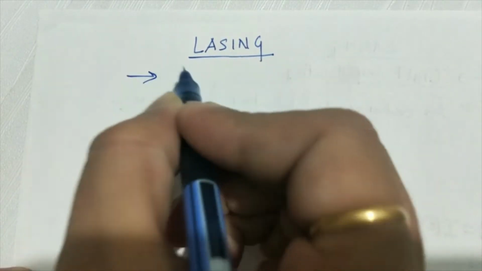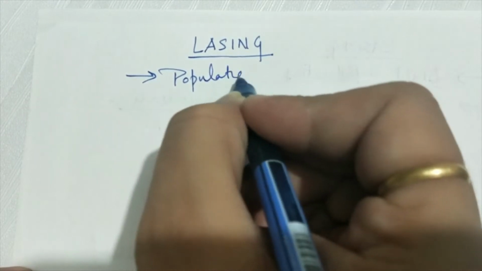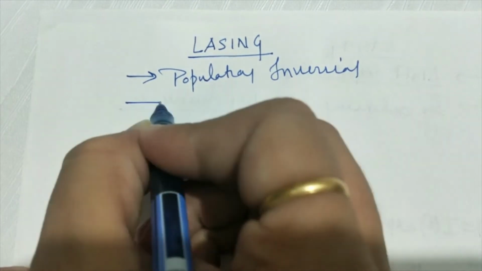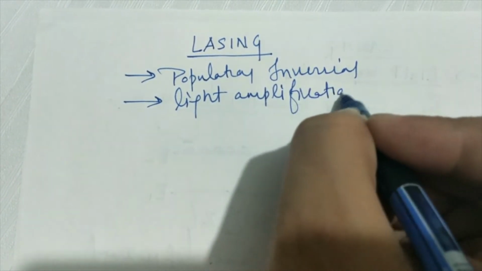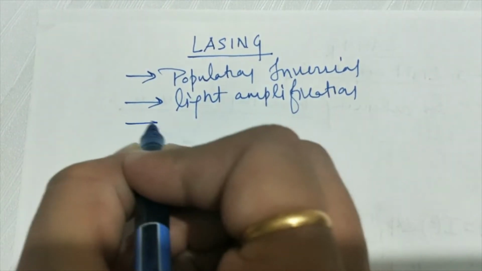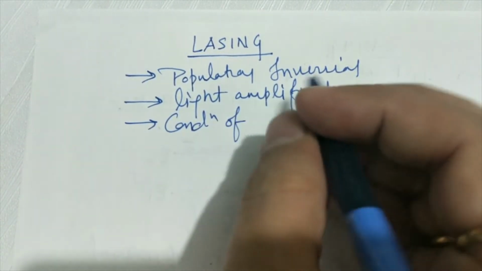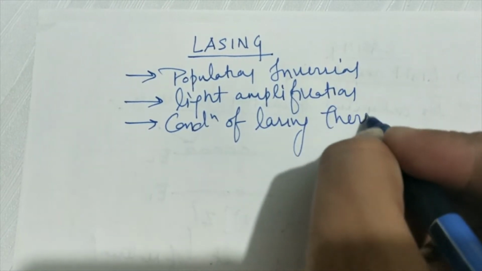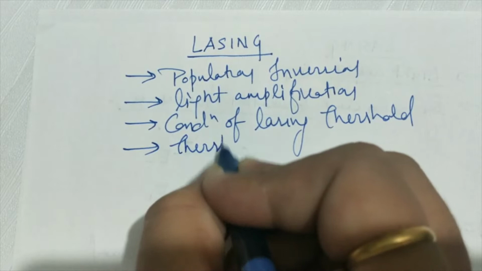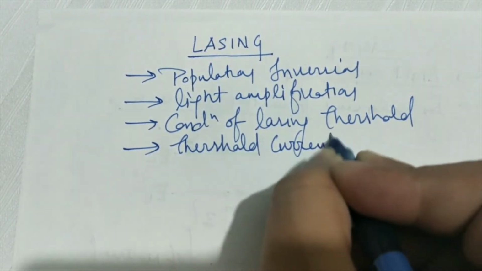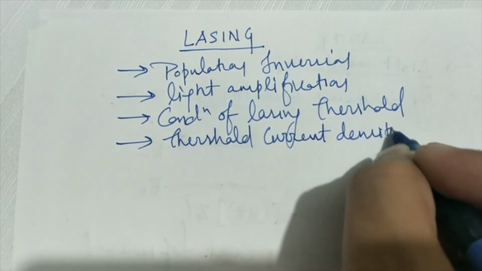Today we will discuss the topic lasing. In this topic we'll discuss population inversion, light amplification, condition of lasing threshold, and threshold current density.